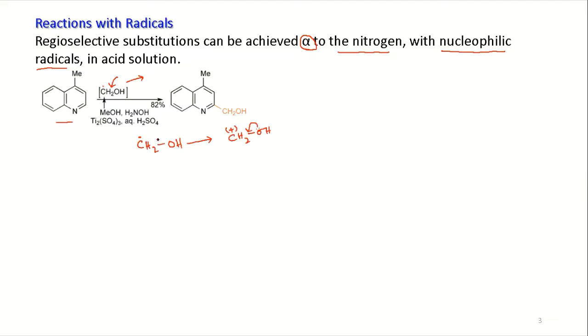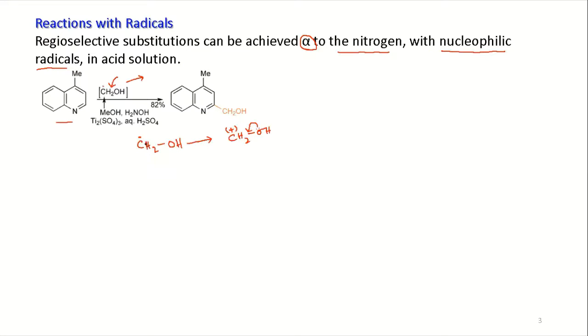So it will react with the nucleus. That's why you call this a nucleophilic radical. It can stabilize the cation. If you remove the dot, it will generate the cation, and that cation is stabilized. So this radical can react with the nucleophile to give up the electrons.